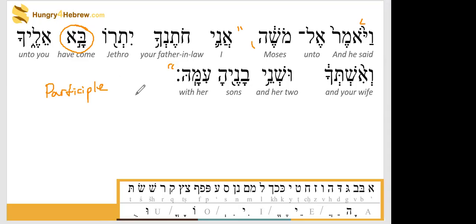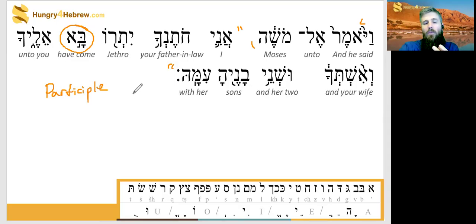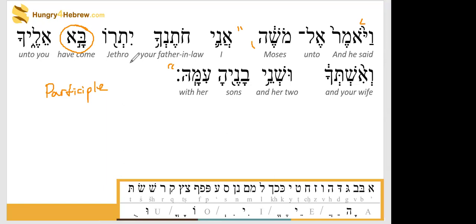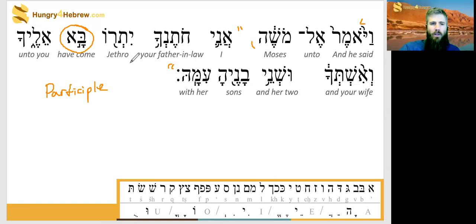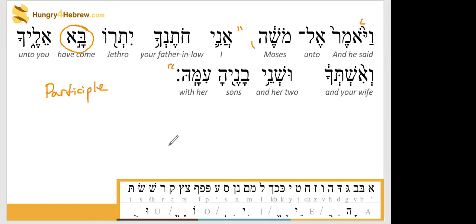Context? We had a previous participle, where Moses was camping. Sometimes that can be helpful. Here, what Moses is doing versus what Jethro is doing could be unrelated. So I wouldn't zoom in on that aspect. What other aspect of the context can we use to show that this is a participle?